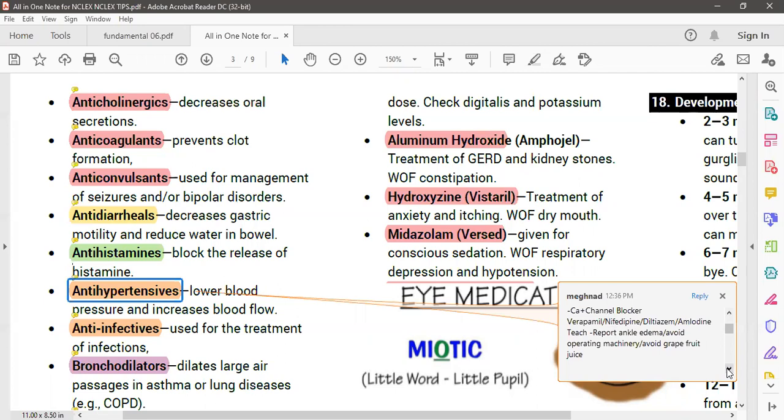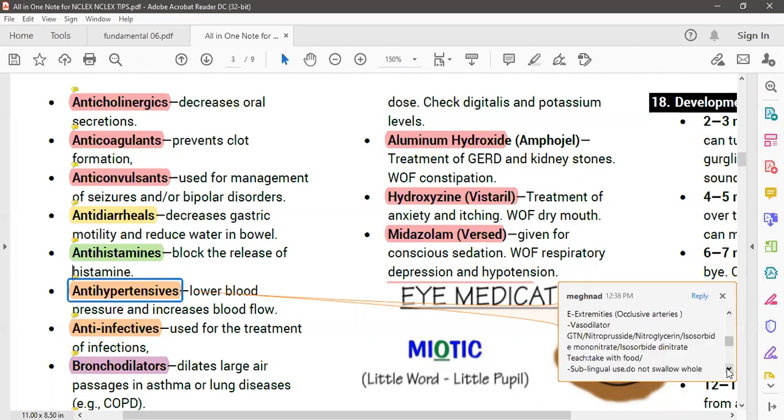What next? Next is another antihypertensive called vasodilator. The vasodilator relaxes the smooth muscle in blood vessels. What are the drugs we use as a vasodilator?